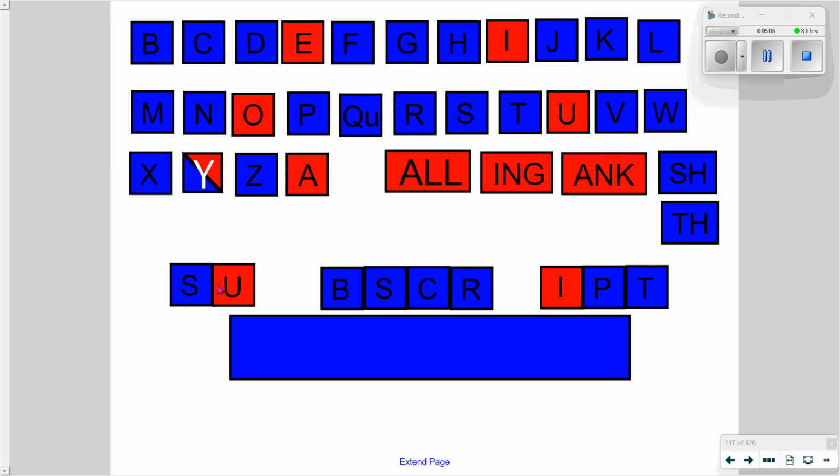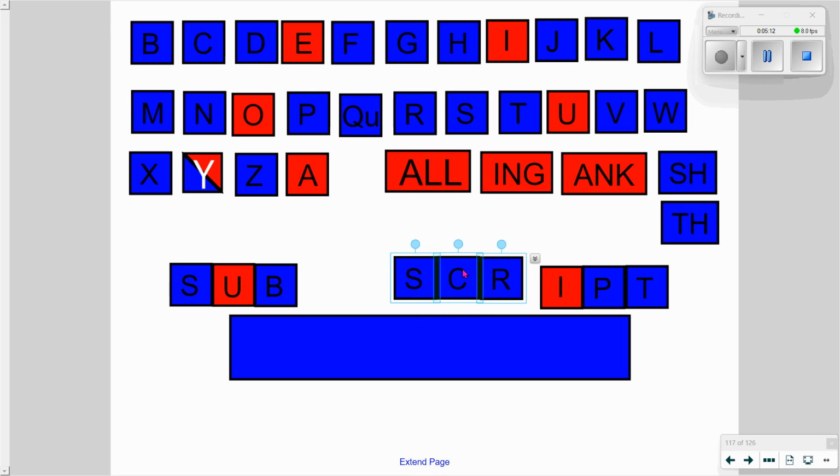I'm going to pull my vowels apart, and then I'm going to move one to the left, and then I'm going to take these three, which is also a blend, and move them to the right. And so my first syllable will say sub. My second one will be SCR, which says script. So subscript. Okay, so if you're not sure if it's a compound word, you can still just use the 1-3 split and sound it out that way.